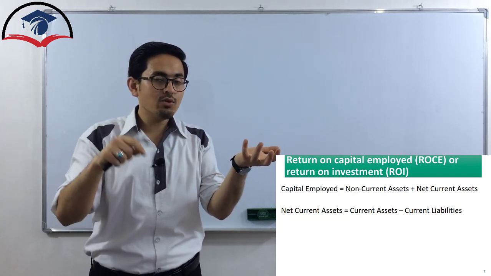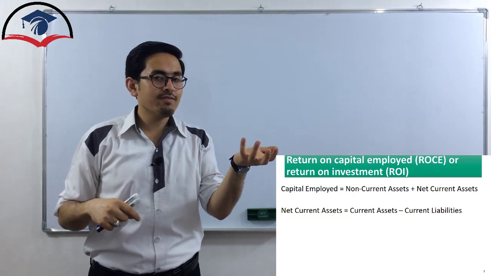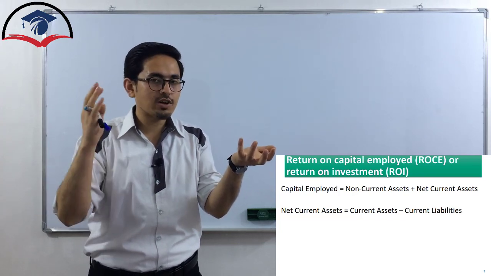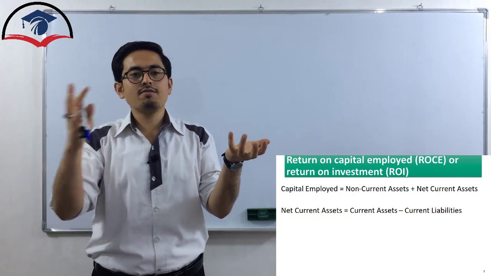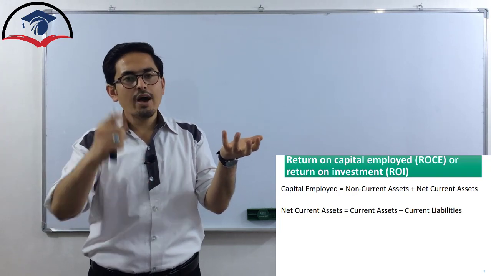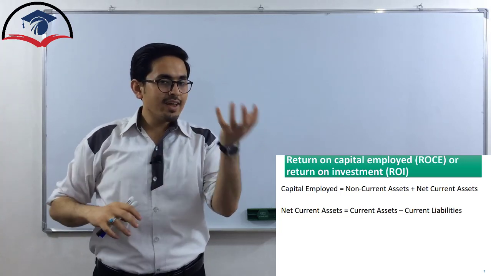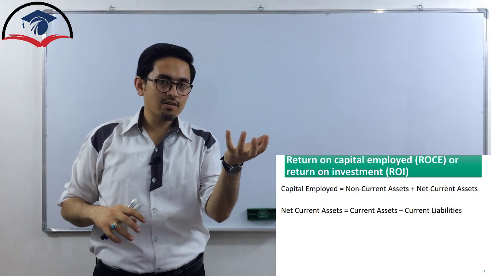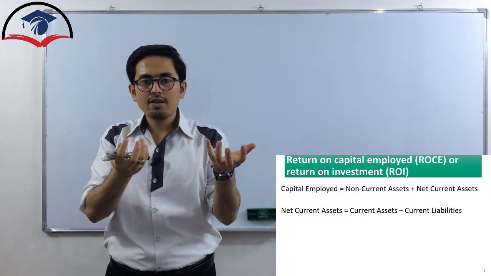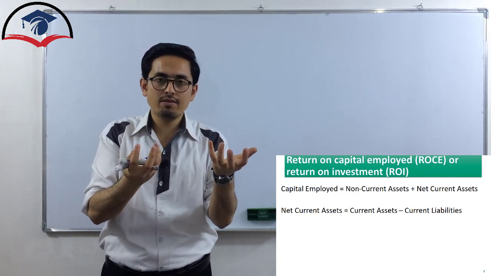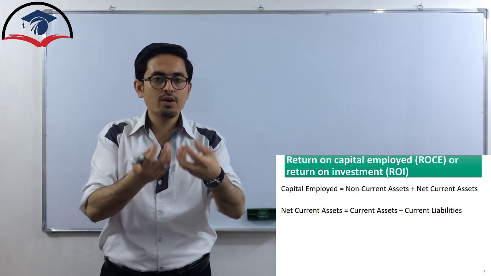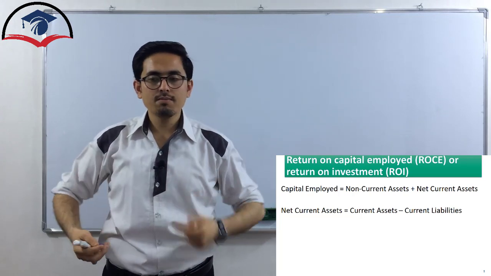We have another video on our channel on the elements of financial statements with a full description of the nature of assets, fixed assets, current assets, and these things. I recommend you go and review that one with its examples. So we add the non-current assets, which are the fixed assets of the business, plus the net current assets of the business. When these two come together, they give us the capital employed.